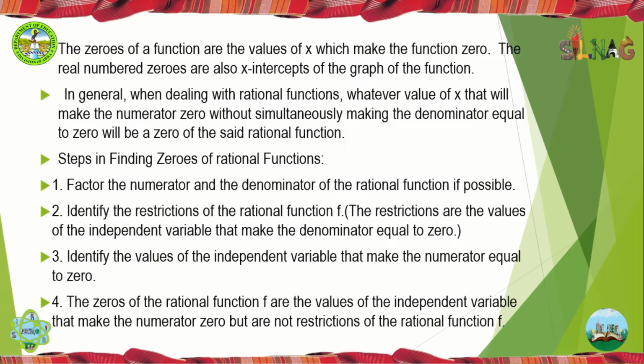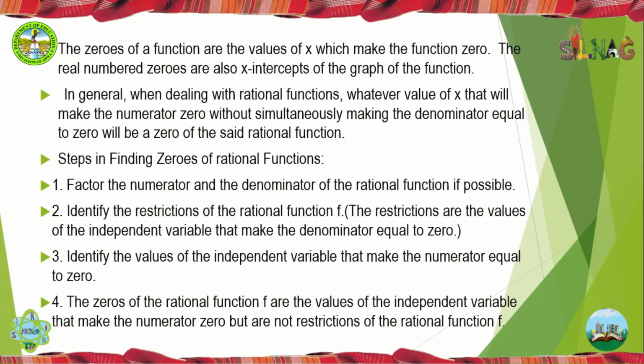We have the steps in finding zeros of rational functions. Number 1. Factor the numerator and the denominator of the rational function if possible. Number 2. Identify the restrictions of the rational function f. The restrictions are the values of the independent variable that make the denominator equal to 0.